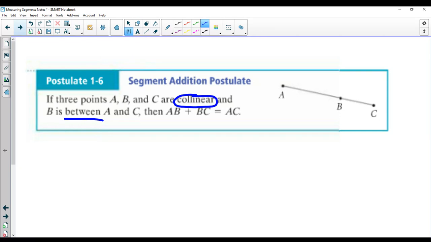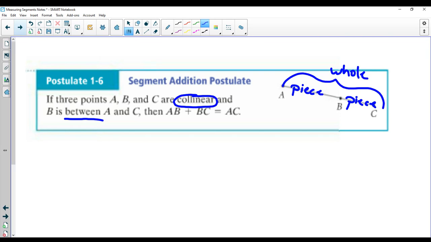So here's what I think in my head when I think of this. I've got a segment, and then there are three parts. You have a piece, you have a piece, then you have the whole.